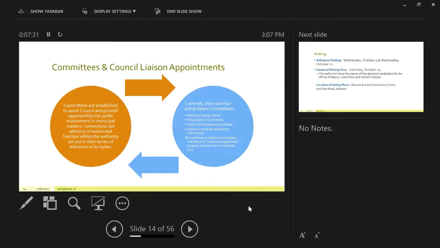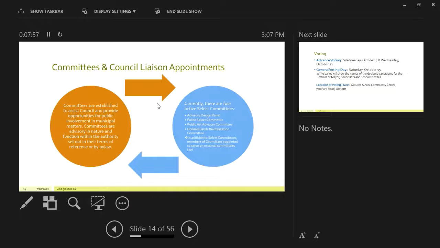And along with council and committee meetings, we've also got our special committee meetings like select committees. Committees are established to assist council and provide opportunities for public involvement in municipal matters. Committees are advisory in nature and function with the authority set out in their terms of reference or bylaws.